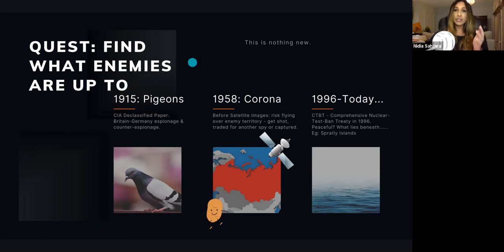And the reason you need to try to see what's not there is that this is a really funny example to remind you that you need to keep looking for some sort of buildup of someone else's army, like a secret buildup. For instance, in 1915, you'll wonder why I have a pigeon here, but there's actually a real CIA declassified paper where they talked about the whole Britain, Germany, espionage, counter-espionage issues.